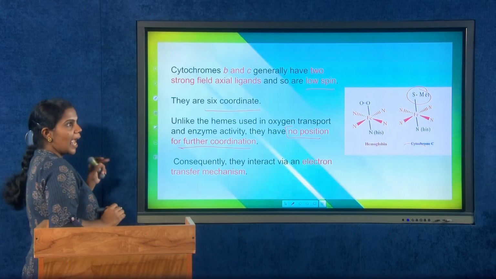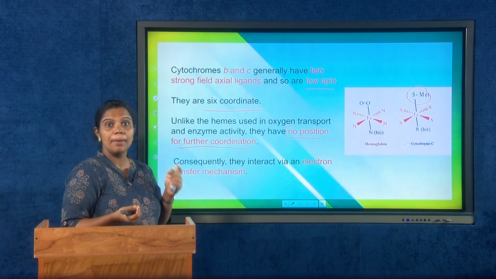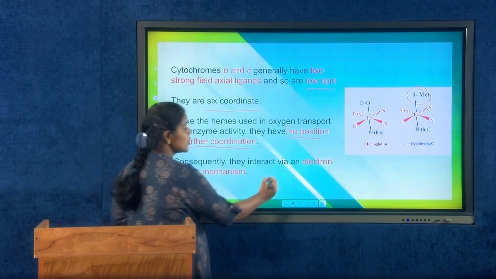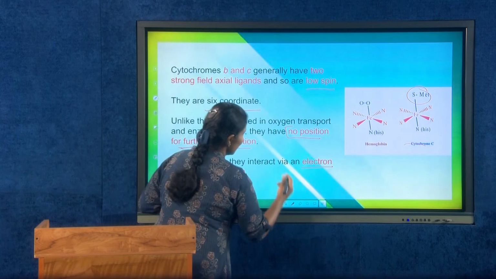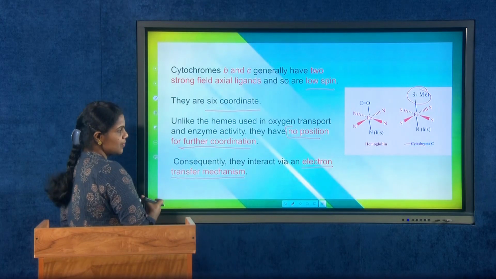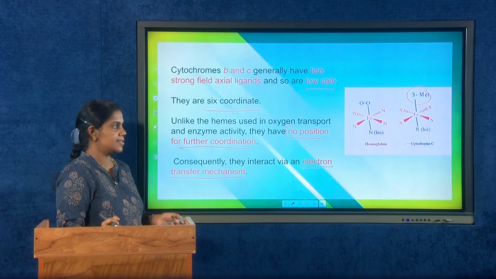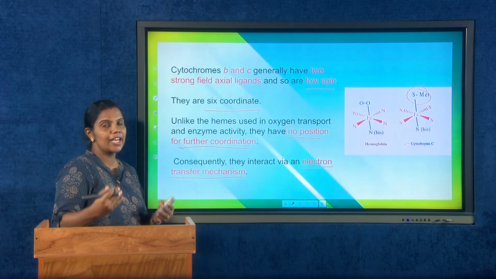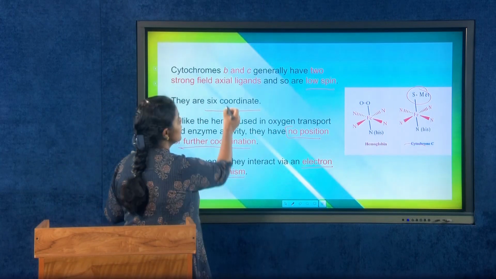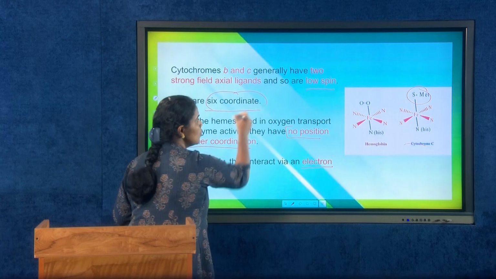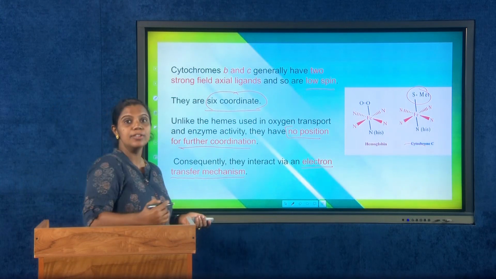So, it cannot act by coordinating any particular groups, but they act as electron transport carriers. They function through an electron transfer mechanism, since it is completely coordinated and there are no further vacancies.